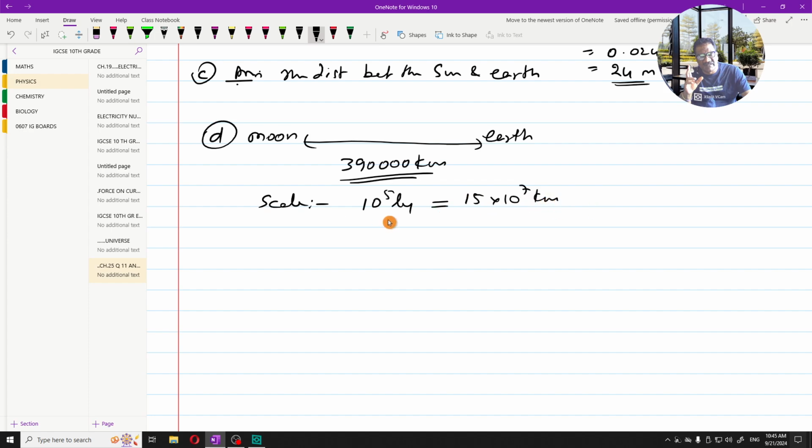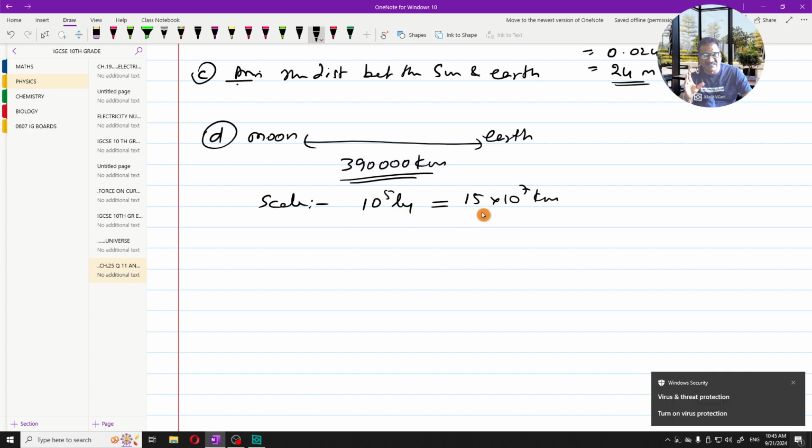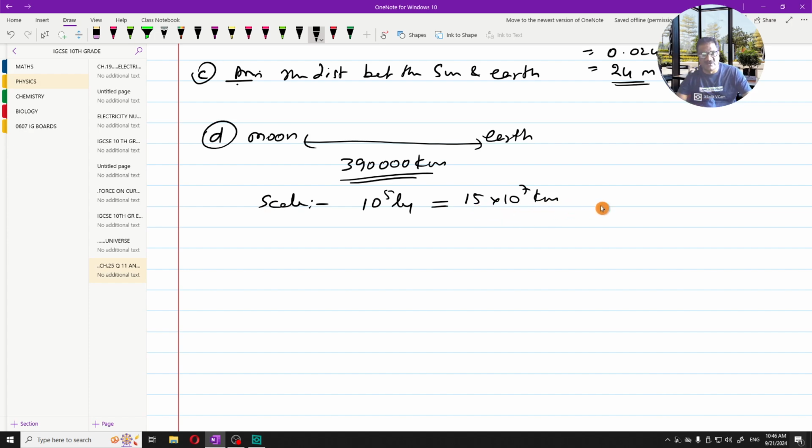Now why I'm writing this? Because the Milky Way, whose diameter is 10 raised to 5 light years, has been shrunk and fit into this particular distance between the sun and the earth. Okay, which is 15 into 10 raised to 7 kilometer. This scale we are going to use.